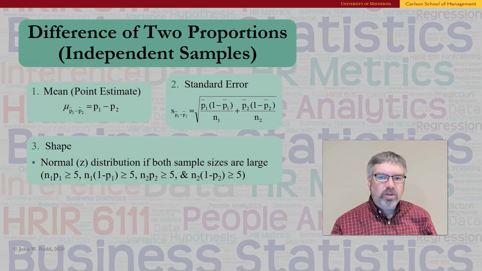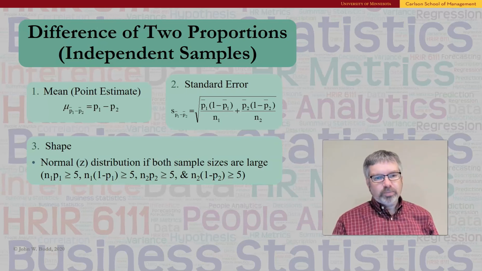Just notice that this is very concrete and you can calculate it, or you could have Excel or some other statistical program calculate this. P1 bar is just the sample proportion out of sample 1 with sample size N1, and then you can calculate 1 minus the sample proportion, and you can do the same thing in sample 2. So again, it might look like a mess. Don't worry about that. Just notice that it's concrete. It's known. We can calculate it.